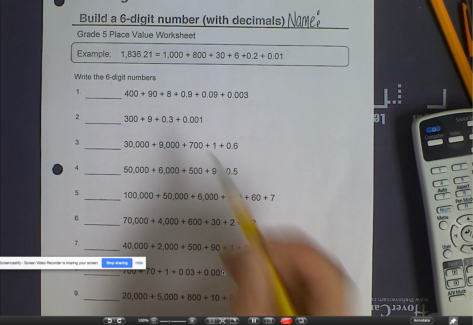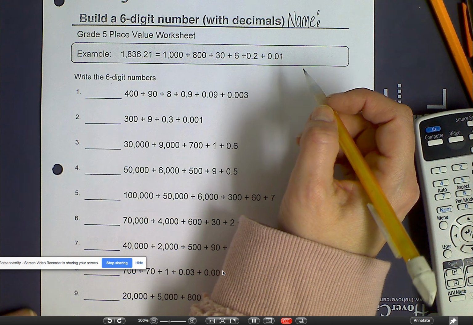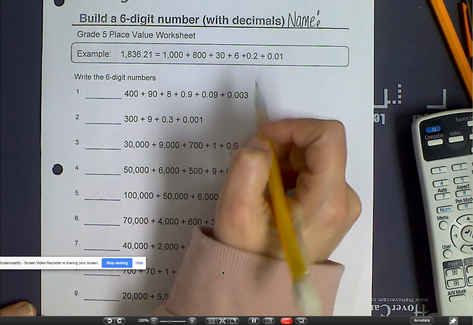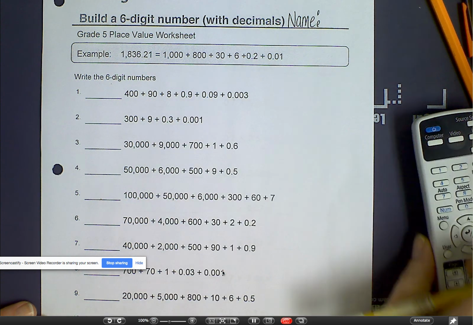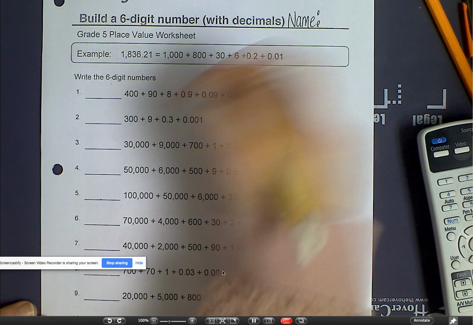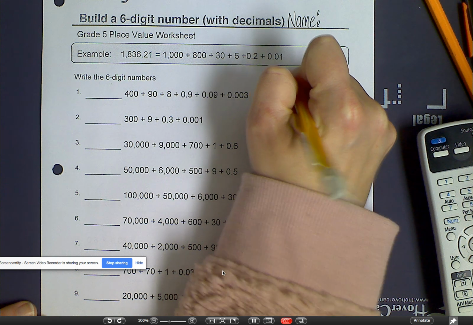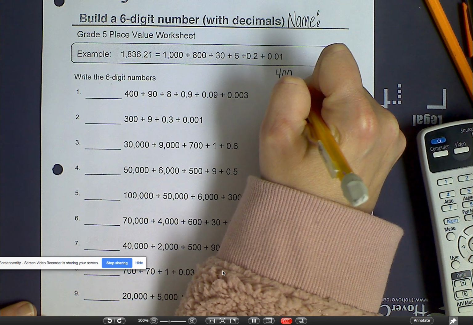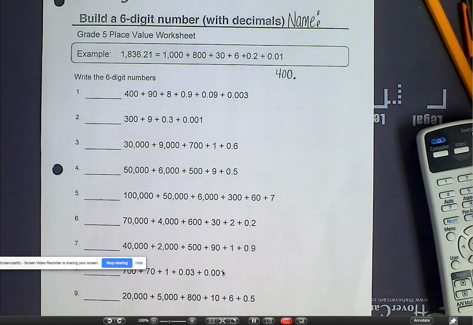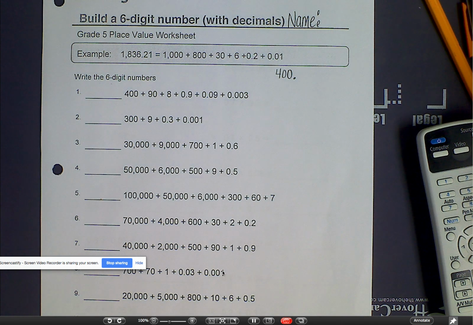Okay, so what I'm going to do in order to figure this out is I am going to line up my decimal. Okay, so the first number I have is 400. Where is my decimal? Right here. Actually, it might help you if you use a piece of notebook paper to write these out. Let me show you what I'm talking about.